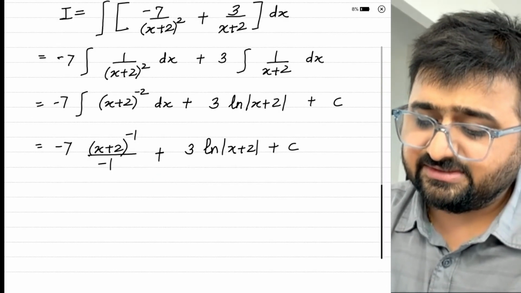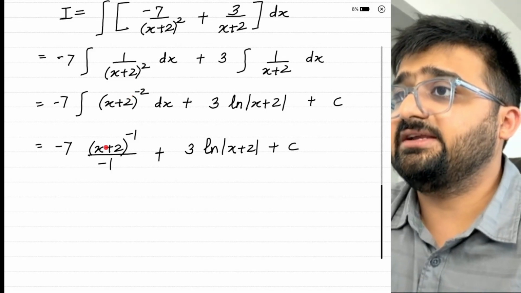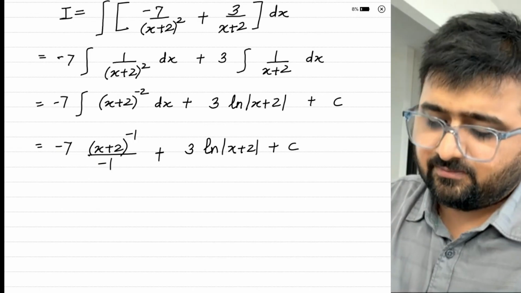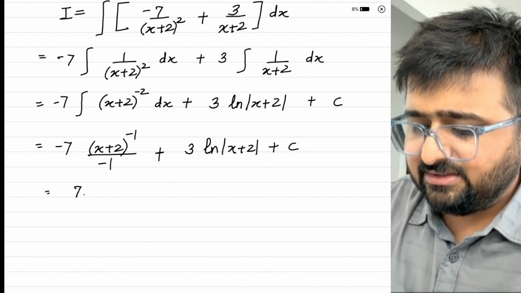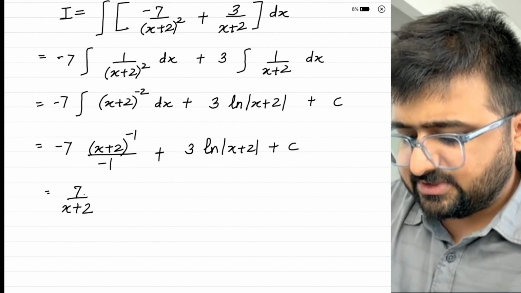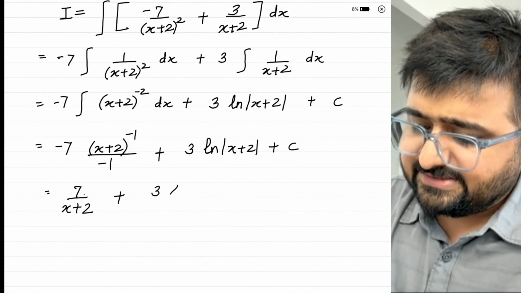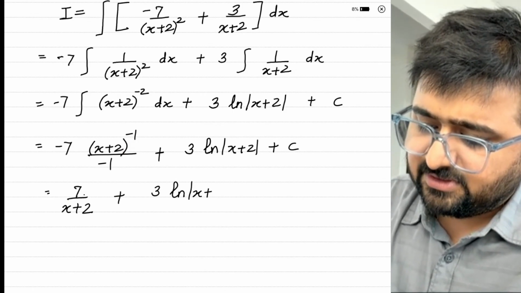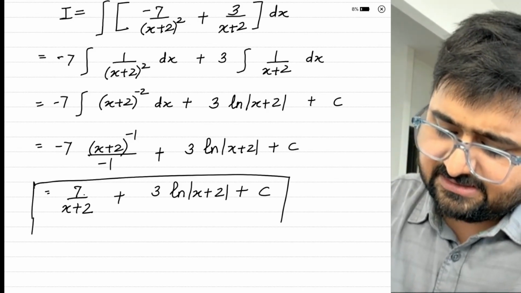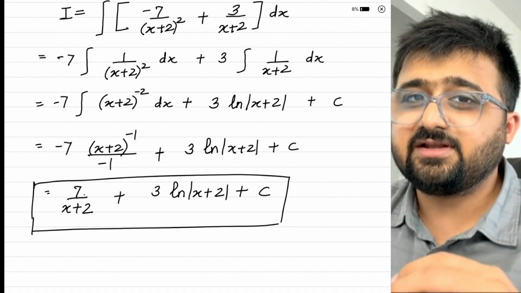The basic formula is that the integral of x to the power n is x to the power n plus 1 divided by n plus 1. This negative and negative will become positive. So you have 7 times (x plus 2) to the power minus 1, which is nothing but 1 over (x plus 2), plus 3 ln mod (x plus 2) plus the constant of integration. This is the final result of the integral that we wanted to solve.